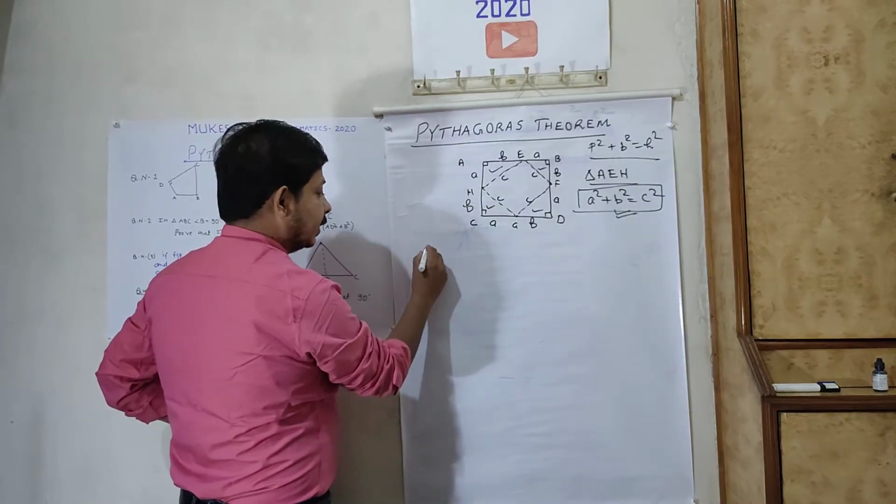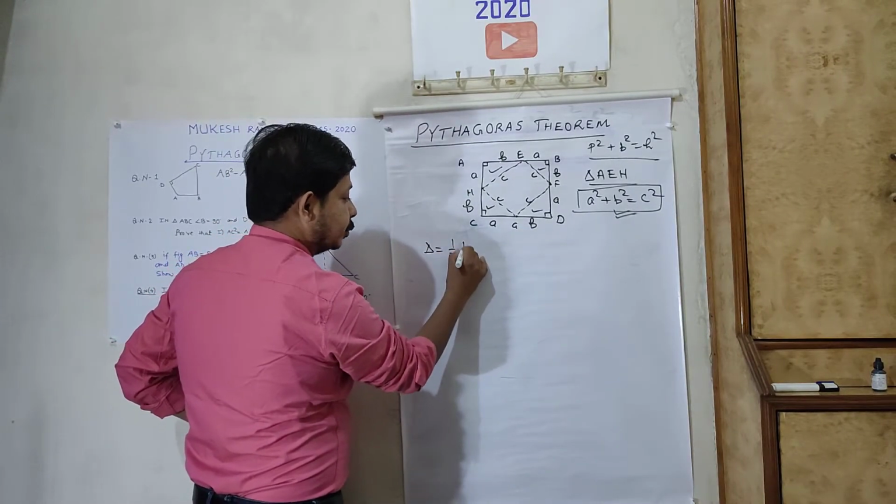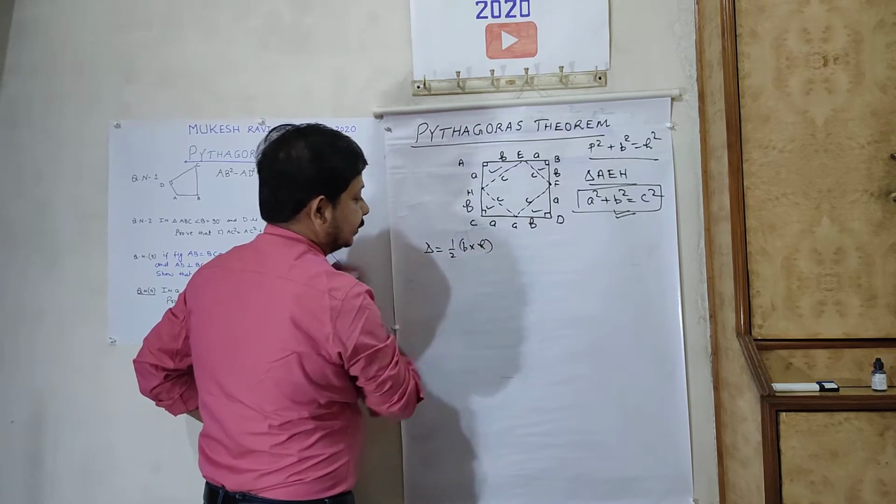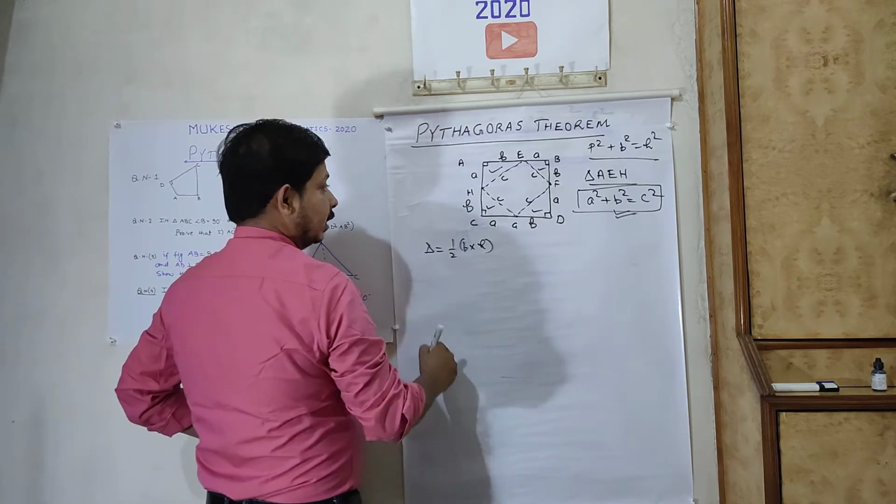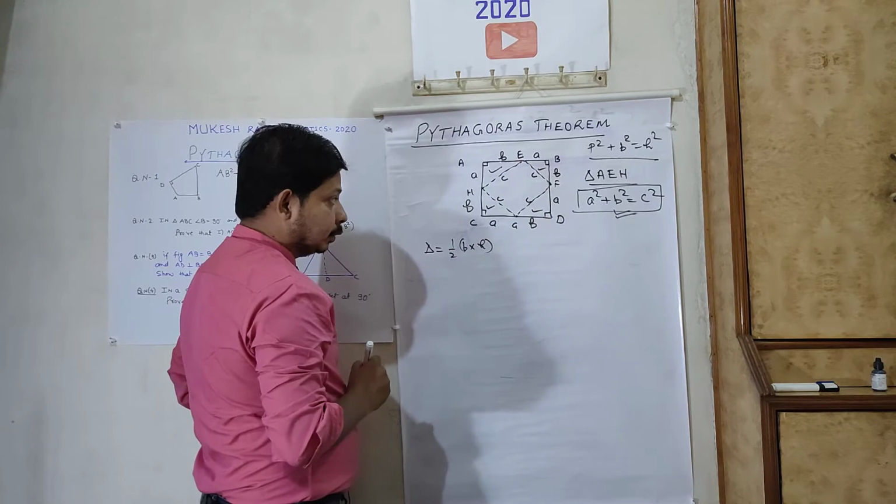What is the area of a triangle? 1/2 base into height. What is the area of a square? Side into side.